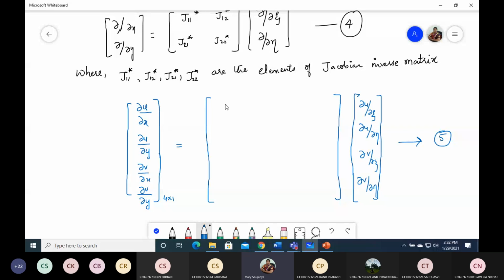The terms we get are J11, J12, J21, J22, and again J11, J12, J21, J22, the elements of the inverse matrix.